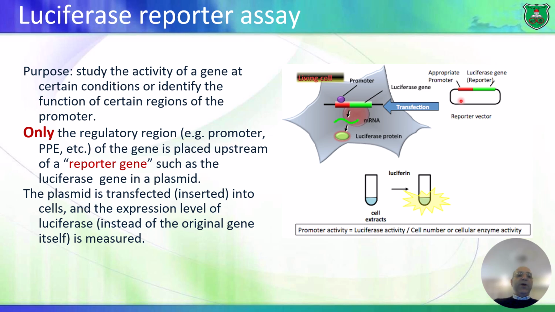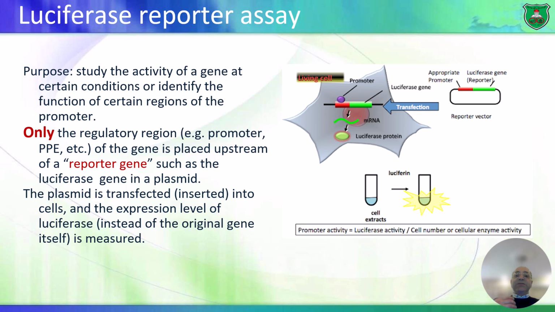In the presence of light versus dark, in the presence of a hormone, in the presence of a certain neurotransmitter, stress, you name it, it doesn't matter. Now, we can then add luciferin, and if luciferase is expressed, it's going to convert luciferin to this molecule that lights up, the product that lights up.